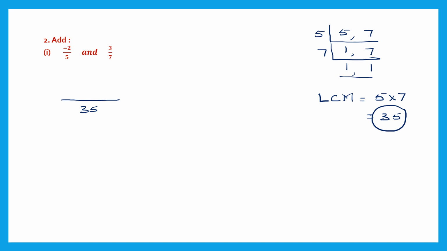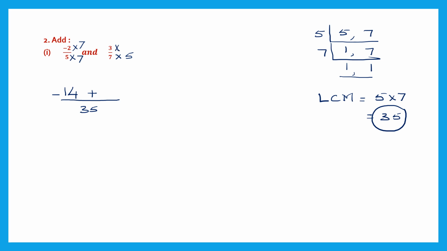Now minus 2 by 5 is the first rational number. 5 into what is 35? 5 7s are 35. So we multiply this also by 7. Okay, we put the sign that is minus. 2 7s are 14. Plus, now go to the next rational number. 7 into 5 is 35, isn't it?